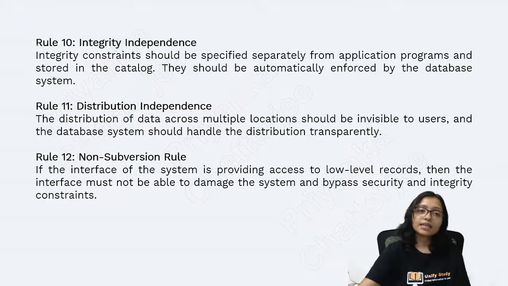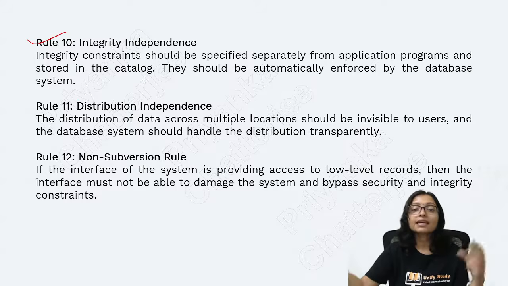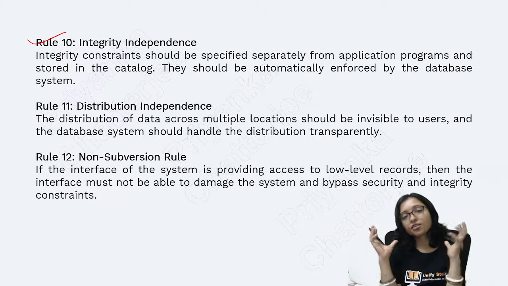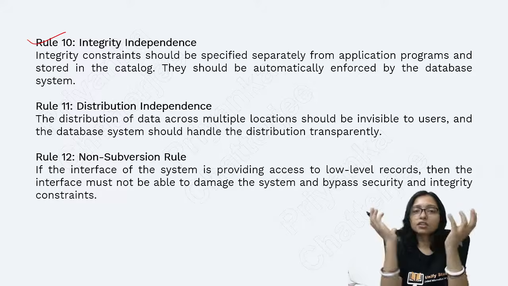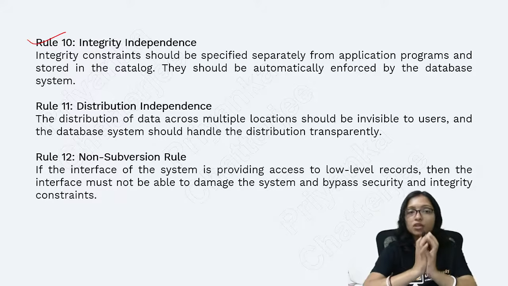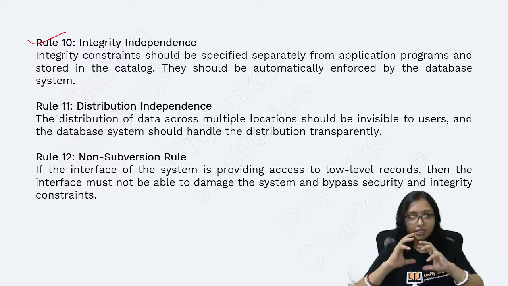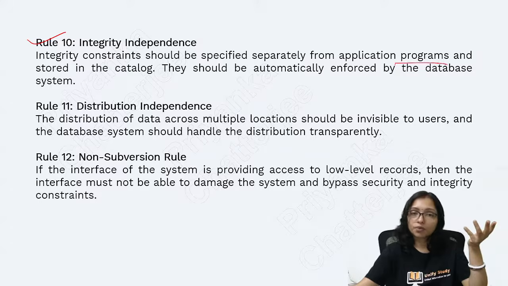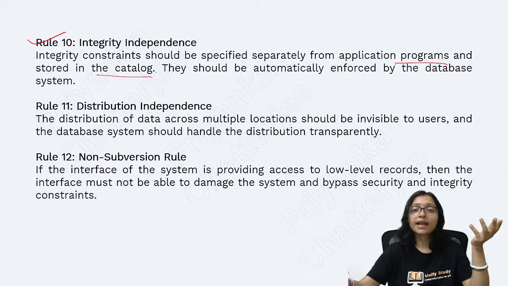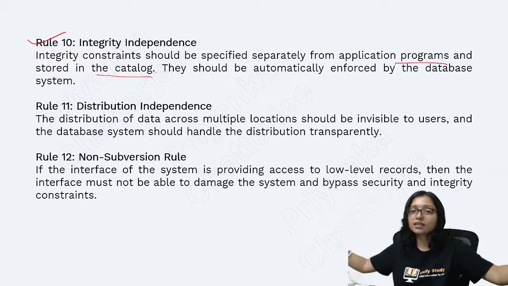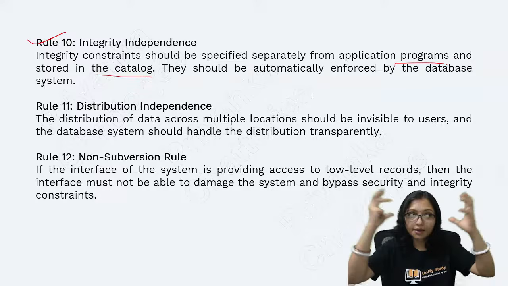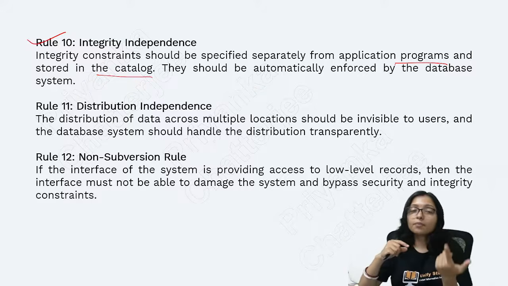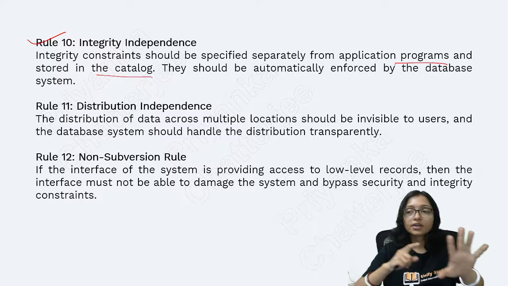Next one is integrity independence. What is the meaning of integrity? Integration. You are integrating all the data together. So integrity constraints should be stored separately from the application program, in the catalog. Different databases are there, and now all the databases are integrated together. Even then they should be independent, so that if one is affected, the other will not be affected.